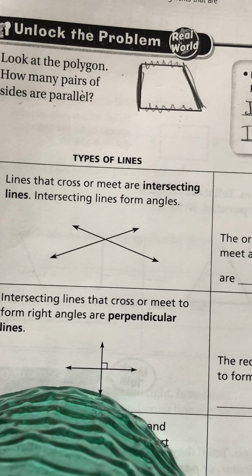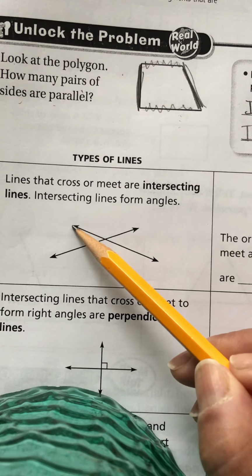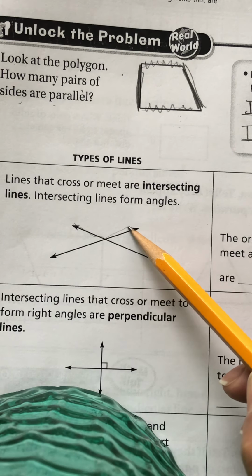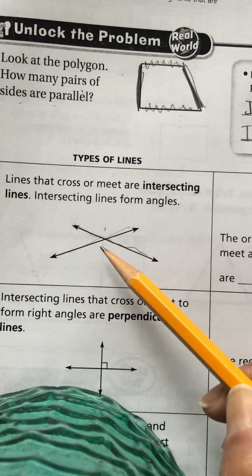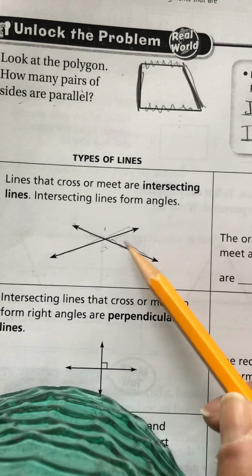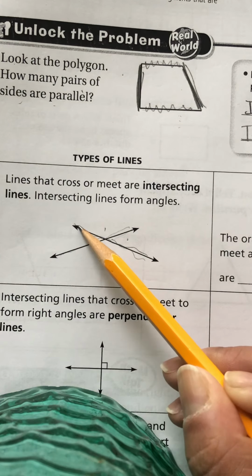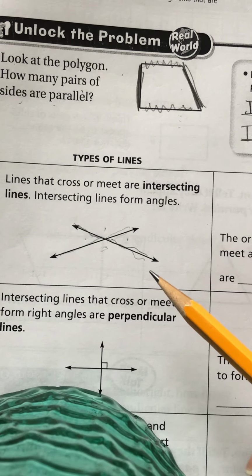So intersecting lines are lines that form angles and they meet or cross. So for example, if you just look at the top of this, that is an obtuse angle. If you look at it from the bottom, this is an obtuse angle. If you look at it from the side, that's an acute angle. If you look at it from this side, that's an acute angle. Do you see that?